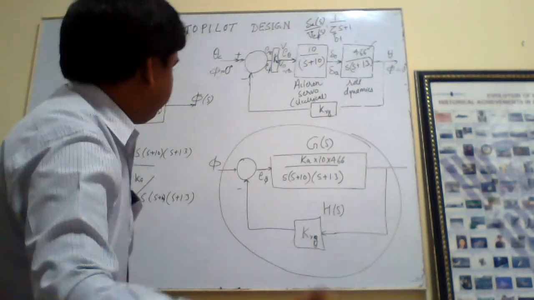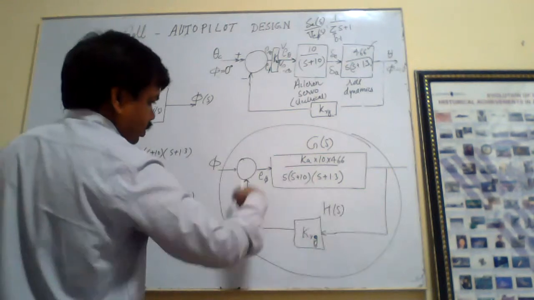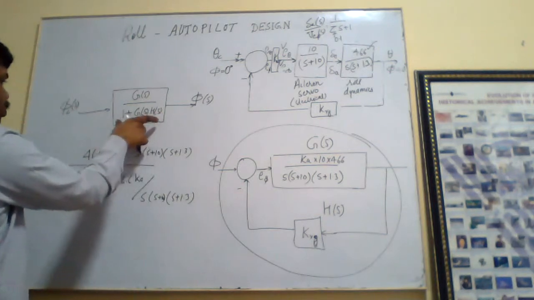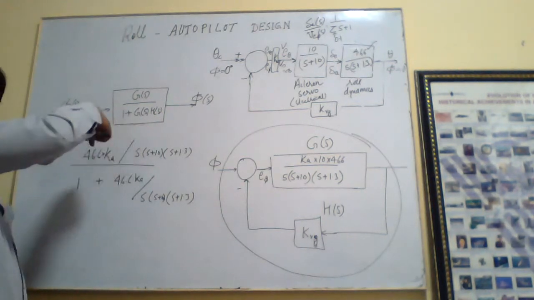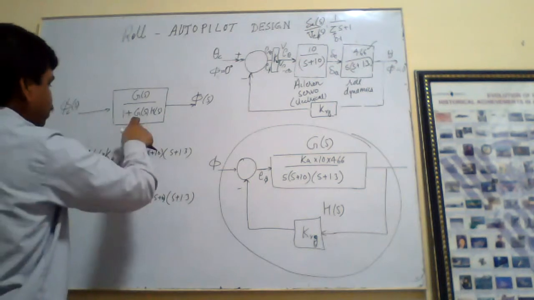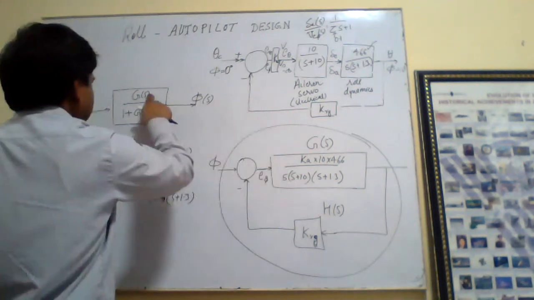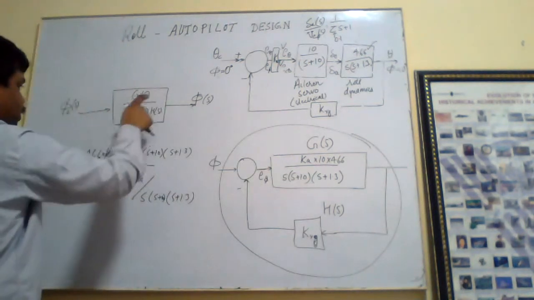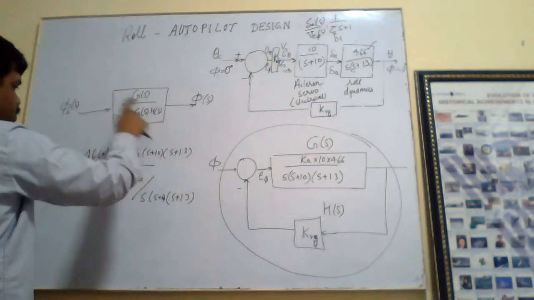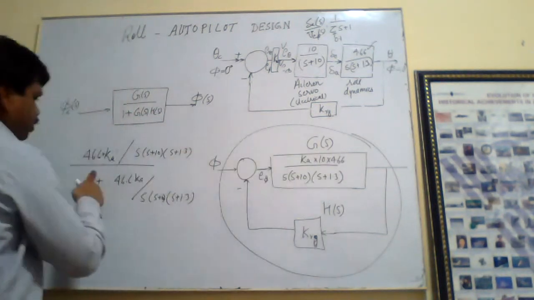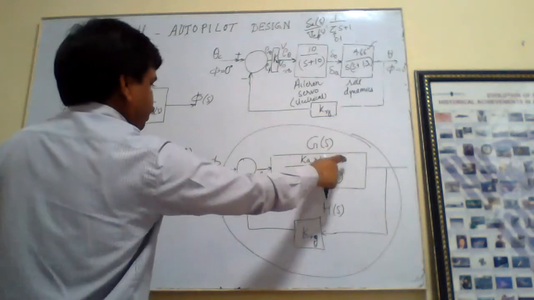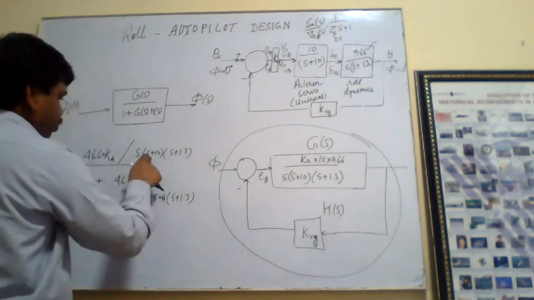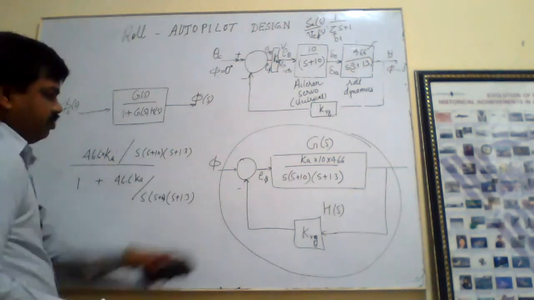Okay, so again I am reducing this whole controller into a single block. So I have the closed loop transfer function, which is plant G of S, and the transfer function of the feedback block, which is H of S. So I have G of S over 1 plus G of S into H of S. Now my G of S is 46.6 Ka divided by s into s plus 10 into s plus 1.3.